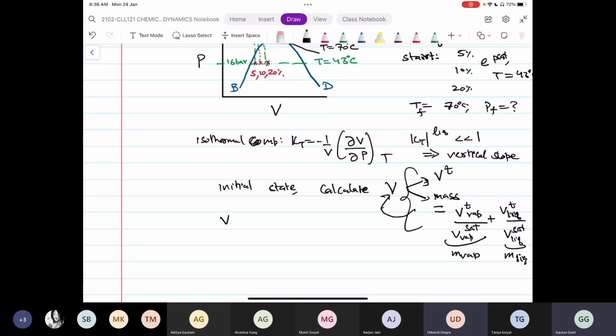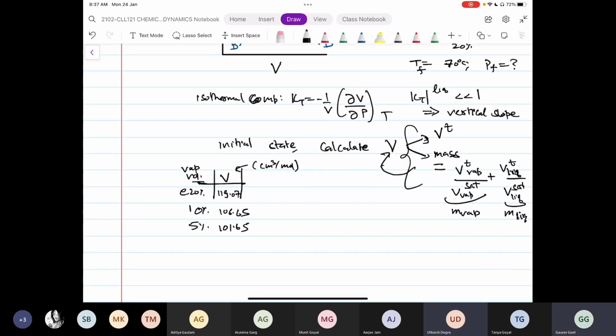So this V at these three different conditions, which was 20%, 10%, and 5%, I'm giving you in centimeter cube per mole, comes out to be 119. At 10%, 106, and at 5%, 101. So these are the three values I get.